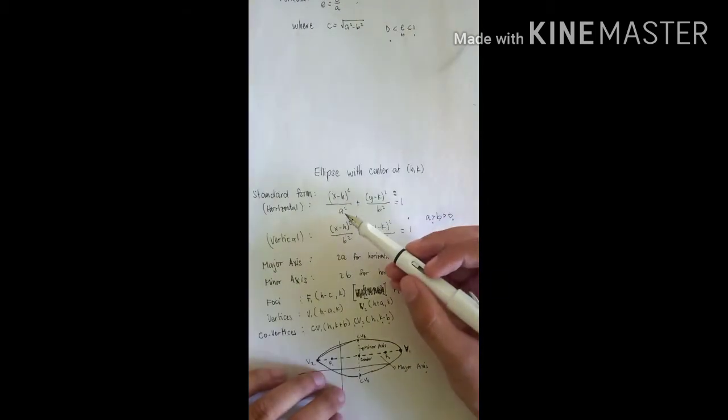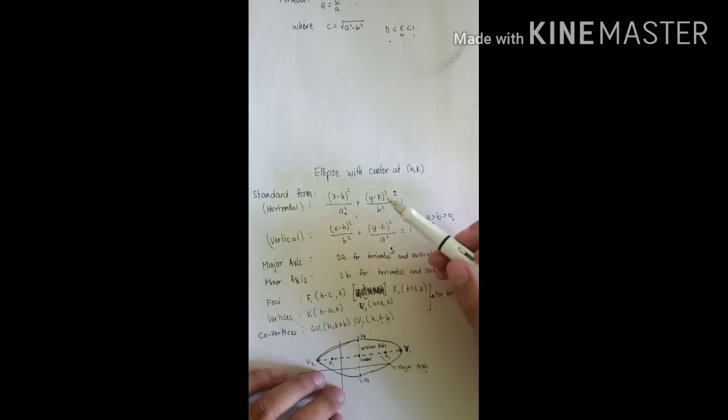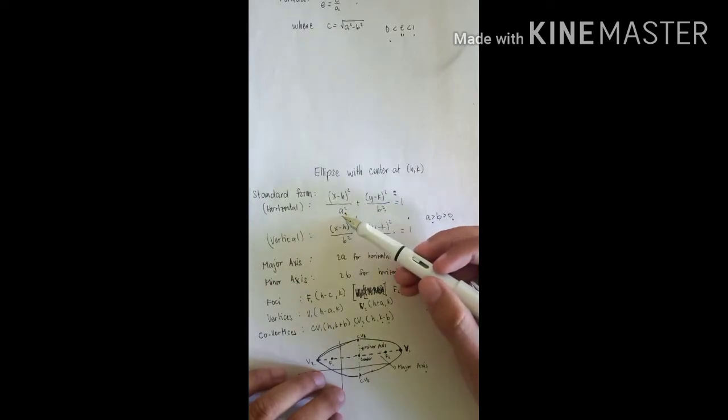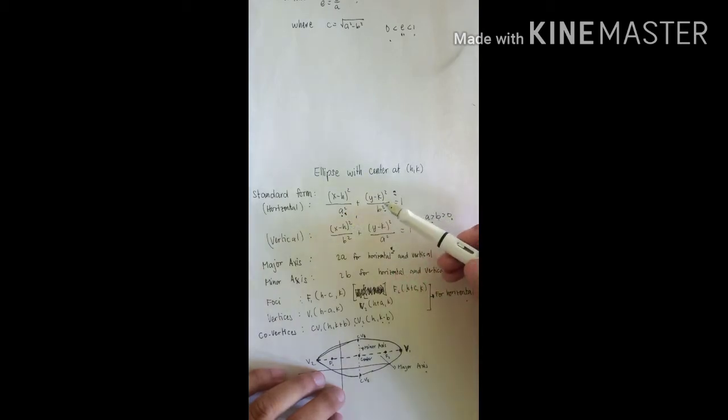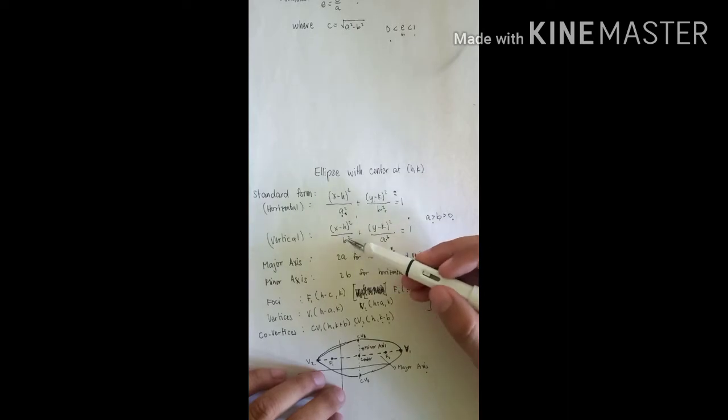So meaning, dito sa horizontal, ang partner ni x is mas malaki kesa sa partner ni y. Meaning, partner ni x dito is a, and partner ni y dito is b. Pero dito naman sa vertical, mas maliit yung partner ni x kesa sa partner ni y. Kasi nga, ito yung pinakamalaki natin, ito yung pinakamaliit na value.